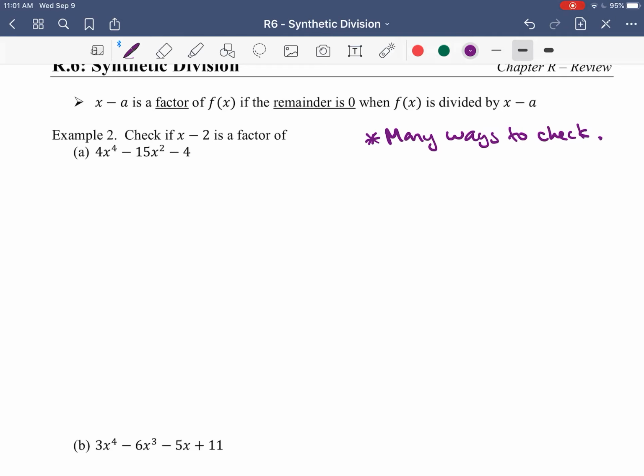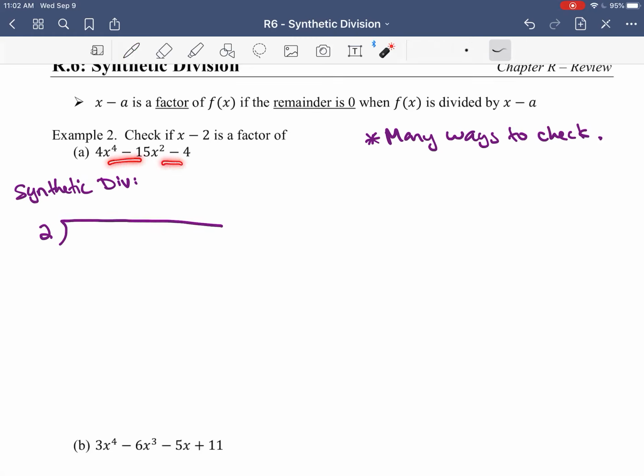But let's do synthetic division again. Now here I need to be careful. The number on the outside is 2. But notice that I'm missing powers of x. It starts at x to the 4, so the 4 goes here. There's no x to the 3, so that's going to be a 0.